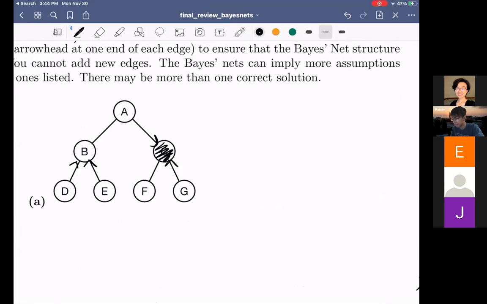If we made the arrow this way, then F is successfully independent of G. And if we made the arrow the other way, then this is a common effect with the effect shaded. So F is not independent of G.